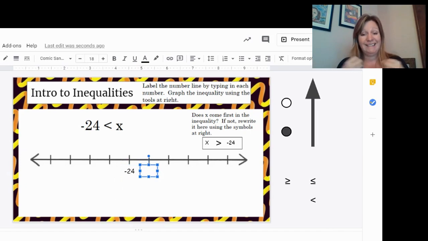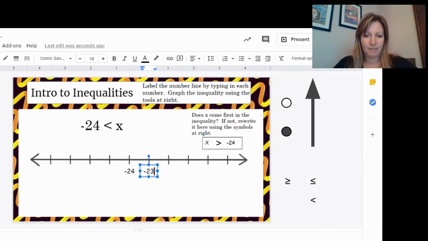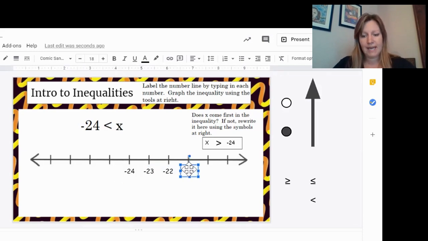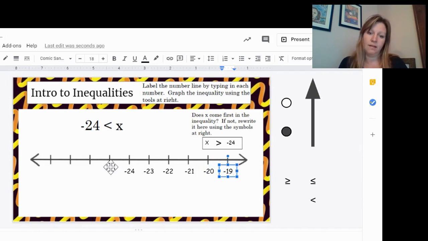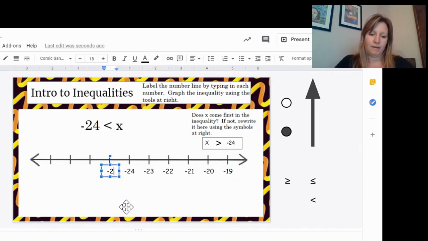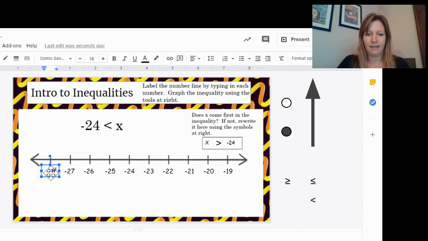So they're getting less negative, which means this is going to be negative 23, followed by negative 22, negative 21, negative 20, and negative 19. And then to the left, we've got negative 25. We're getting more negative: negative 26, negative 27, and negative 28.